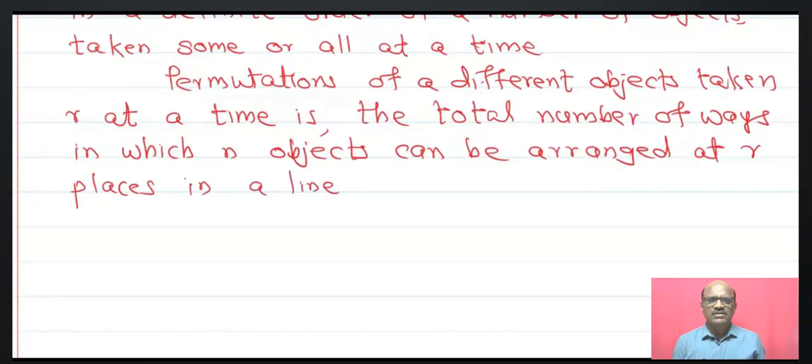Now this is important. Suppose that we have n objects, and if we take r at a time, then there will be different arrangements of the objects.